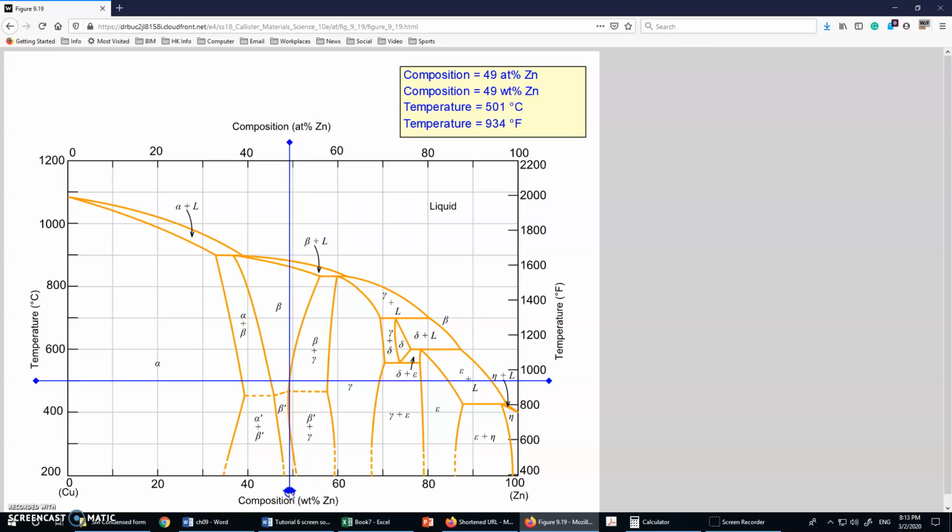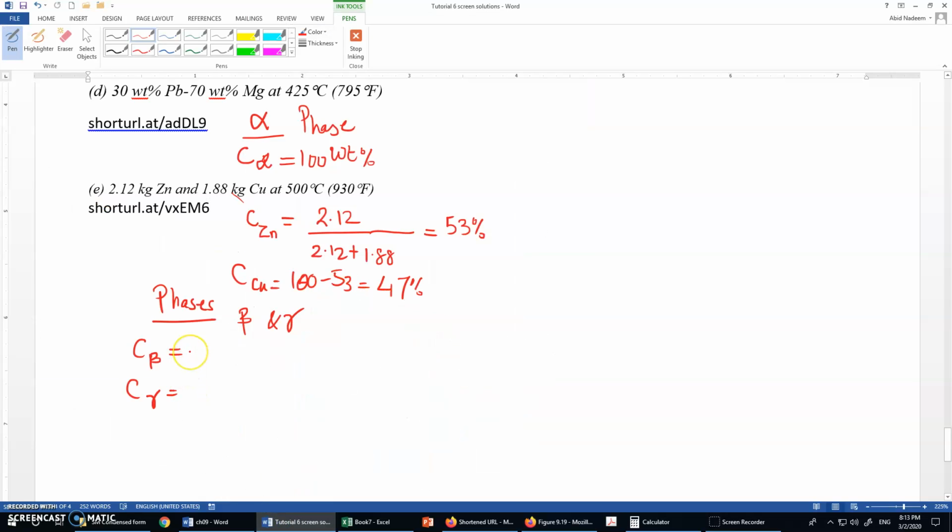I move it here so that I can see it directly. Over here it is 49%, and over here it is about 58%. So 49% and 58% in terms of zinc compositions.